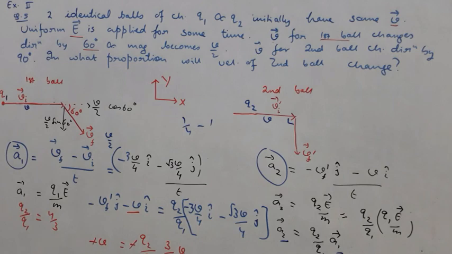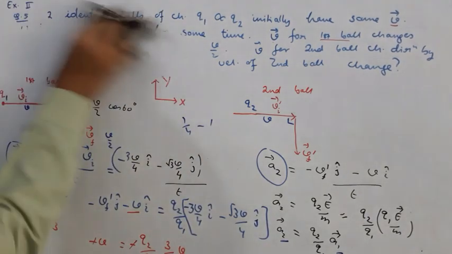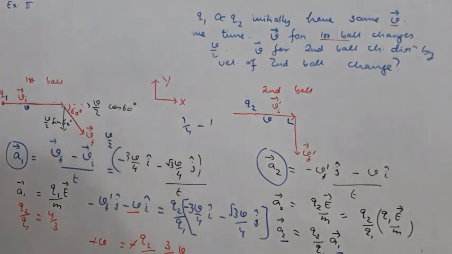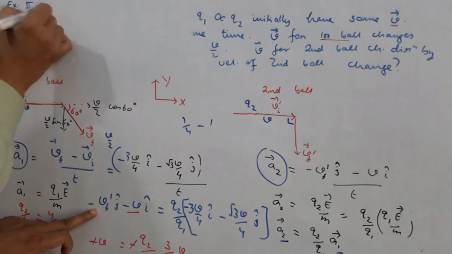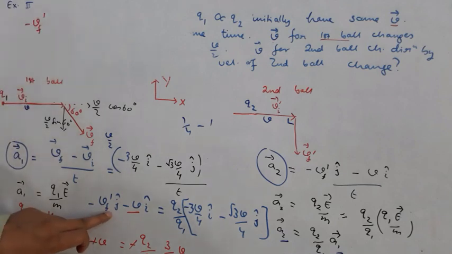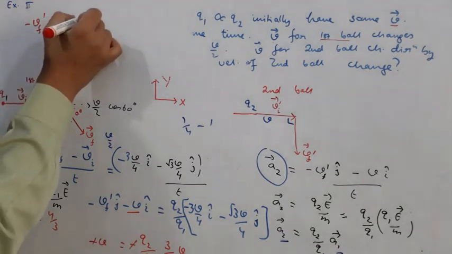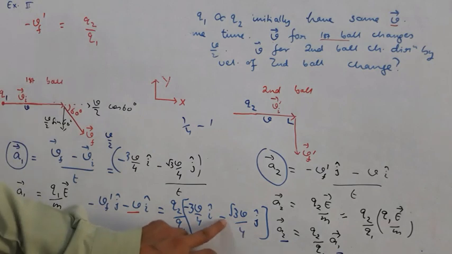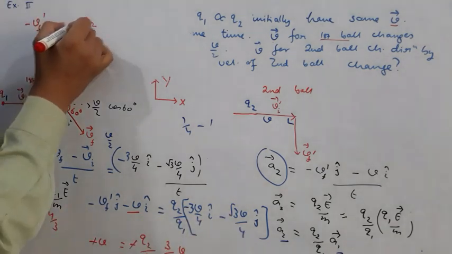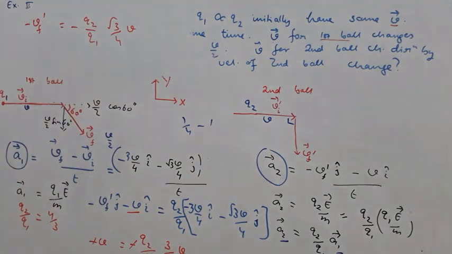Let us now equate the j components. If we equate j components, let's see what we get. Minus vf dash is the j component on the left hand side. On the right hand side we will get q2 by q1 and the j component is minus root 3 by 4 times v.